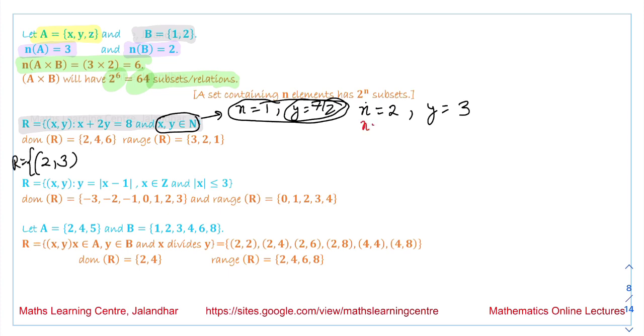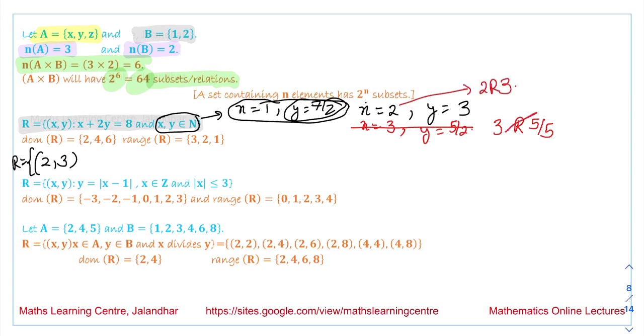Next, if we put x equal to 3, we will get y equal to 5 by 2. Again, 3 and 5 by 2 are not related. We write it like this: if two elements are related, we write that 2 is related to 3.